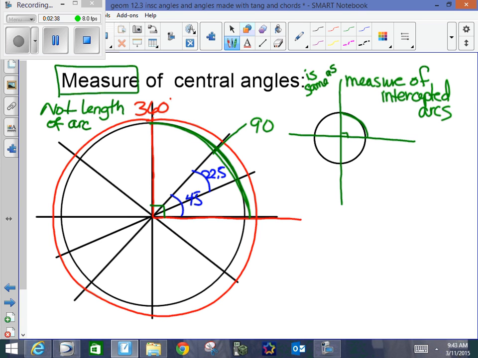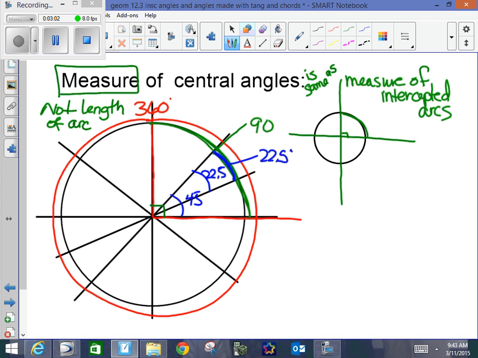So this arc right here is 22 and a half. The arc, because the central angle is 22 and a half. That wasn't real clear in 12-2, and you need to know that for a couple of different signs.